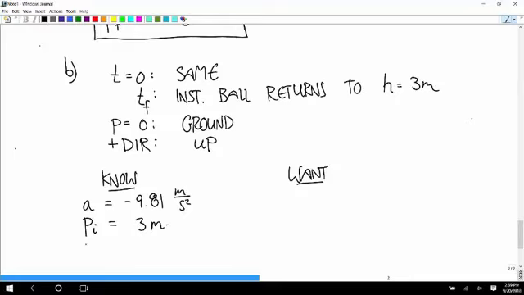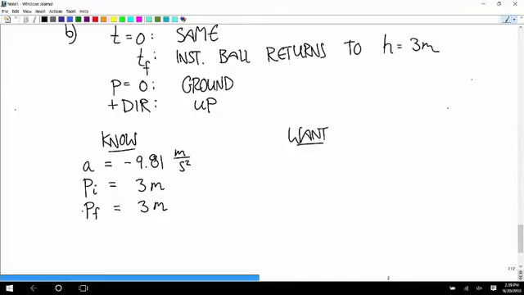Do we know the final position? Yes, what is it? Positive 3 meters again. Do we know the initial velocity? Yeah, that's the same as it was before, 10 meters per second. And we don't know the final velocity. That's what we're trying to find.